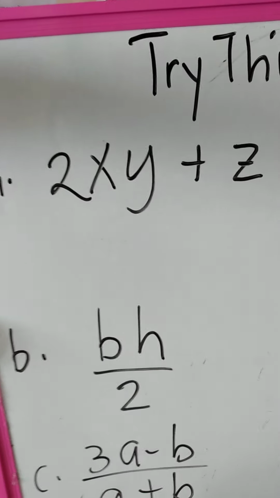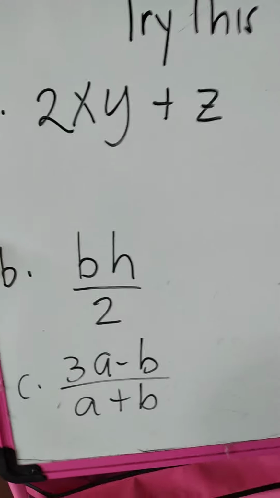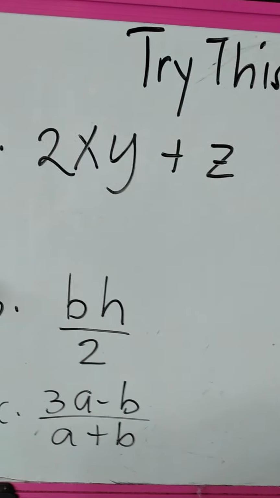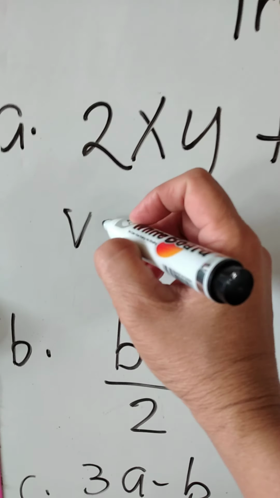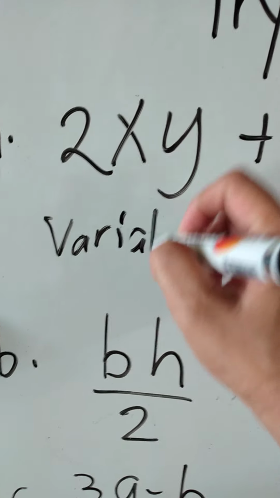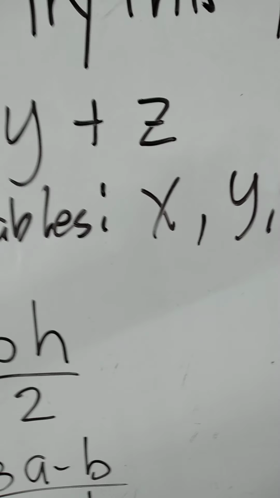So what are the variables? x, y, and z. Alright? Let me write it. Let me repeat. The variables are x, y, and z.